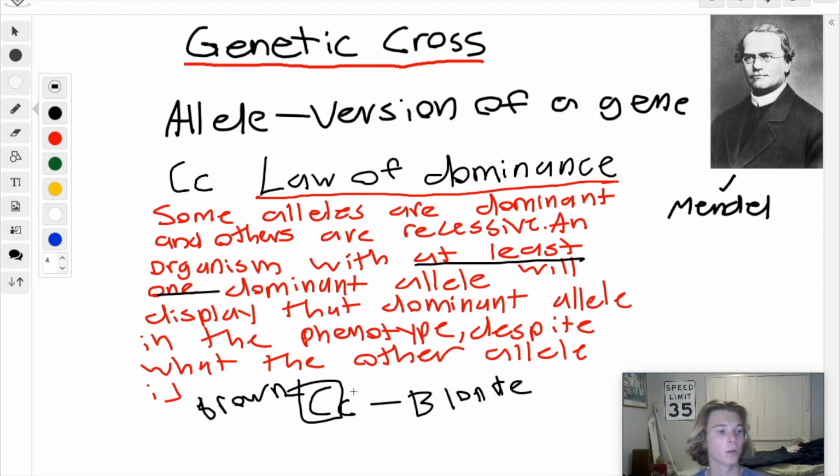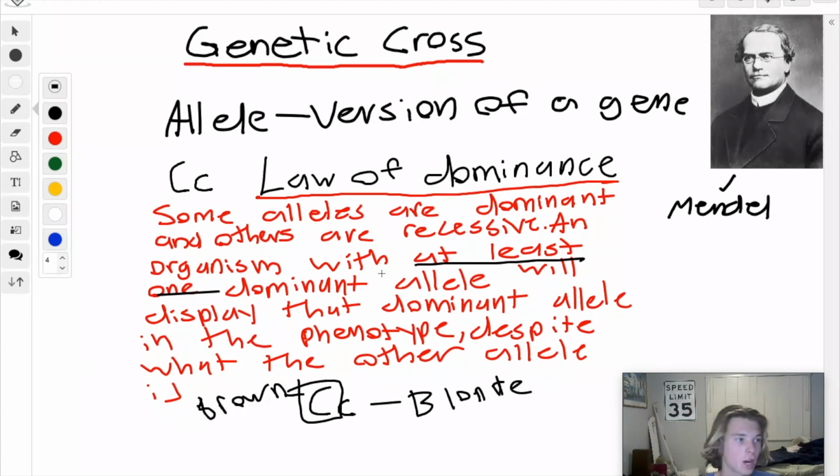Now let's say there were two dominant alleles, it would still show the dominant allele in the phenotype, because there's at least one dominant allele in the genotype. But in a homozygous recessive, there are two recessives, and there it will show the recessive trait in the phenotype.